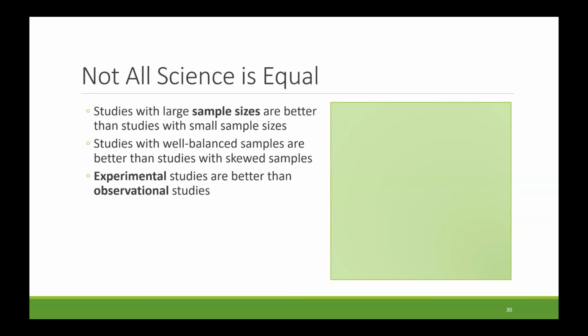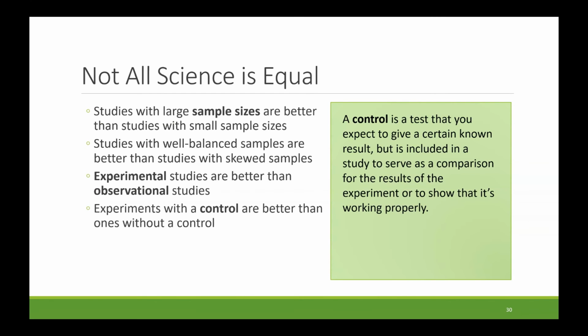Moving on to another feature of good scientific studies, experiments that include something called a control are better than ones that do not include a control. A control is a test that is expected to give a certain known result, but is included in a study to serve as a comparison for the results of the experiment, or to show that the experimental setup is working properly.